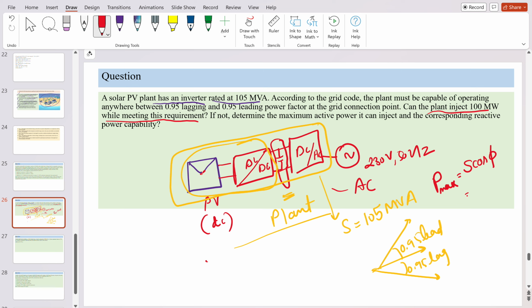S is 105 and cos phi is 0.95. From this you can get the value. Let's calculate: 105 multiplied by 0.95. Let's calculate again, 105 multiplied by 0.95.